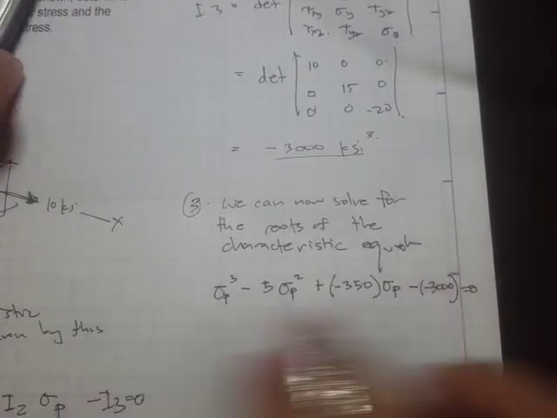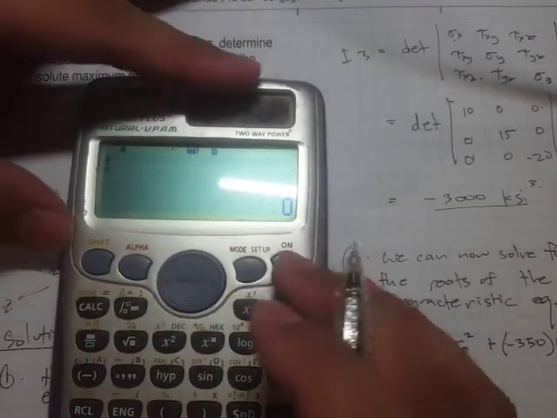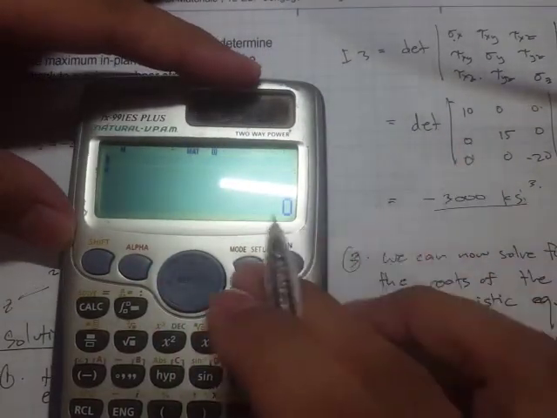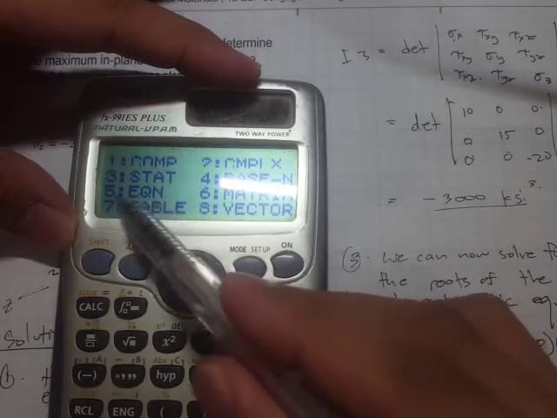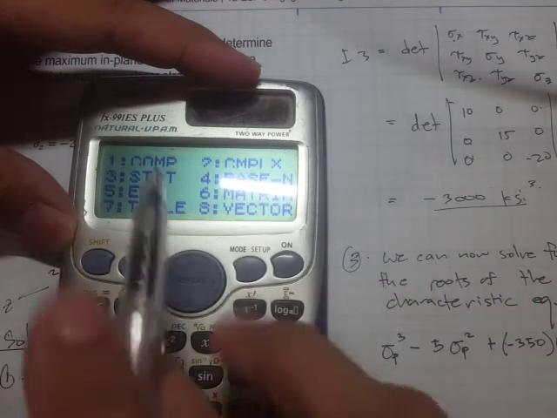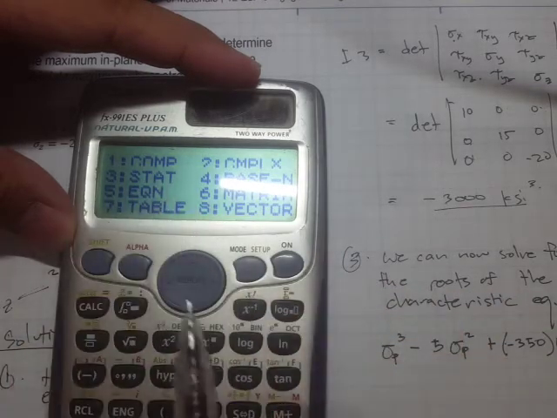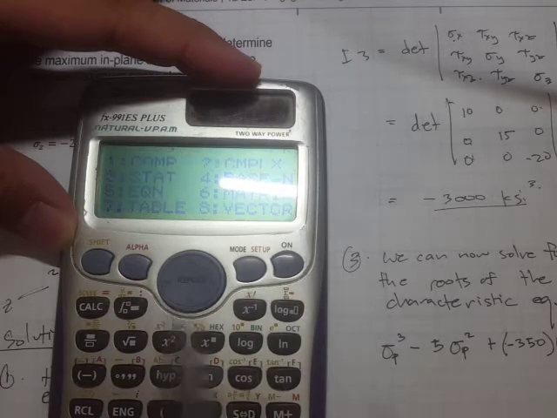So how do we solve for the roots? We can just simply go to the calculator. Let's press the mode, and right here we have a selection for equations, which is number 5. In this function, whatever equation we have, like quadratic or cubic equations, we can solve for the roots.